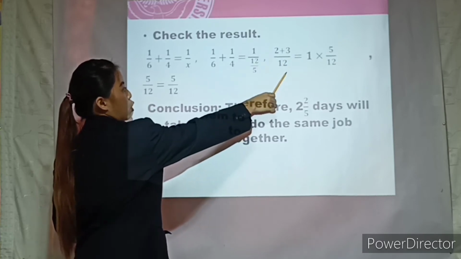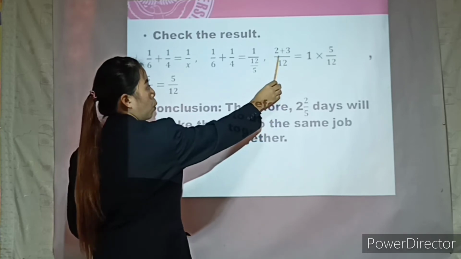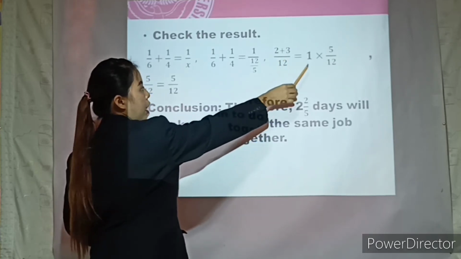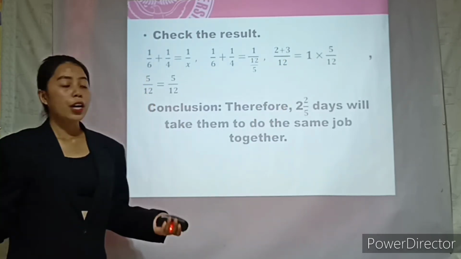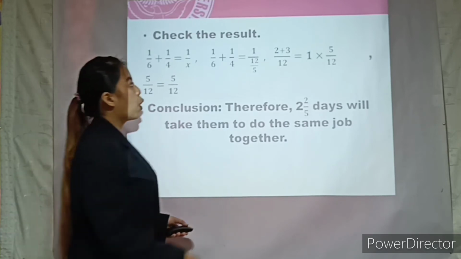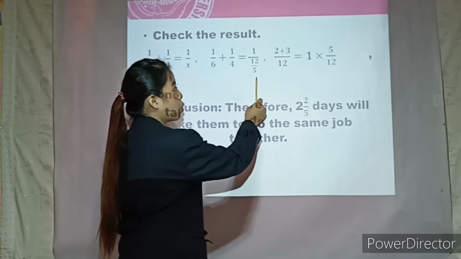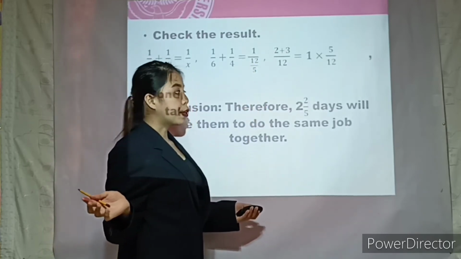That is 12. So, to add them, we have 2 plus 3 over 12 equals, we are applying now the multiplicative inverse. So, 1 over 12 divided by 5, we are applying the multiplicative inverse.